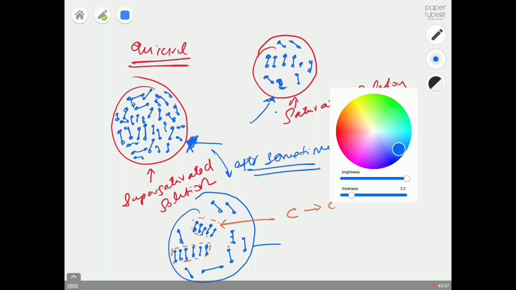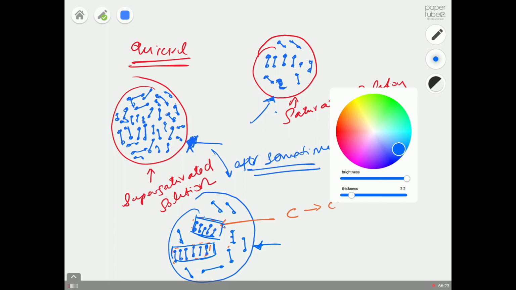So that's what happens during crystallization, and that's how you have to think about the crystallization process. You normally get beautiful crystals at the end of the day, but the formation of crystals started from this small step at the molecular level.